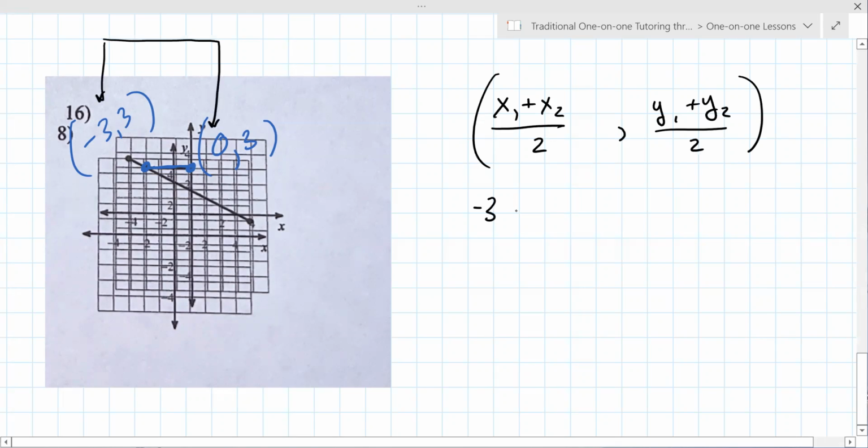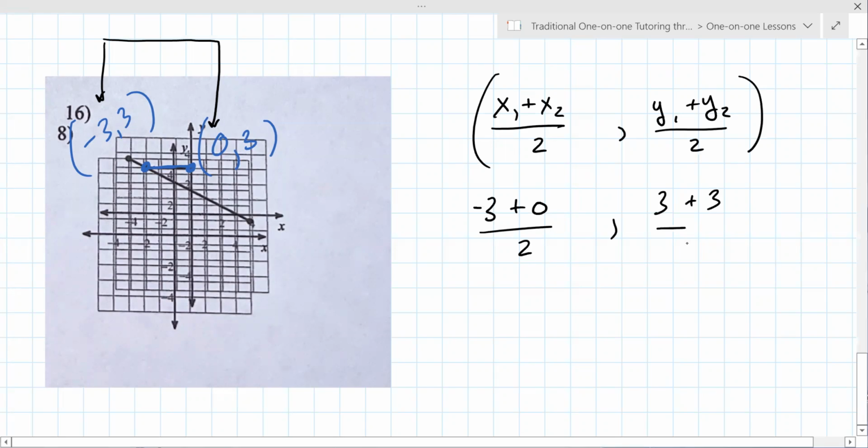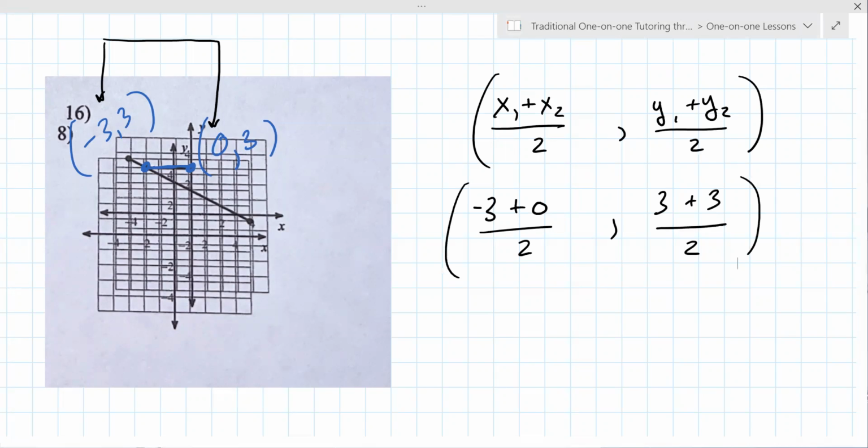So you take those two numbers and add them together, divide by 2. And then Y1 and Y2. So you've got to grab the other number. Now they can be the same. You divide by 2. So can you reduce these for me, please? 3 over 2. What about this negative out in front?